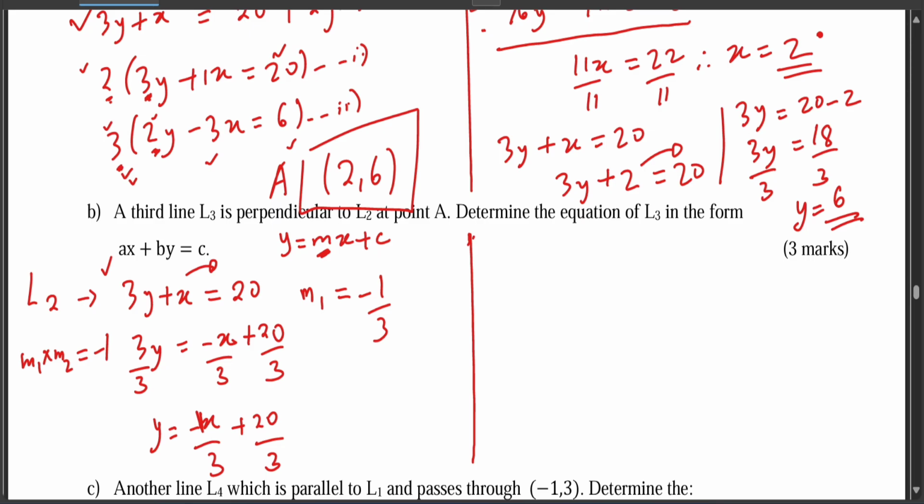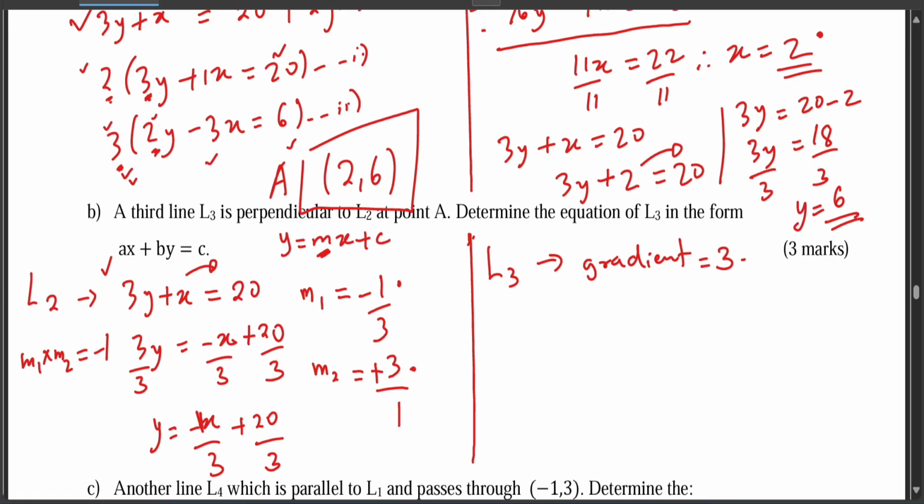So m1 ikiwa negative one third, ile m2 ya L3 itakuwa reciprocal ya negative one third, which is 3 over 1. Kama hii ni negative, hii itakuwa ni positive. Sawa. So gradient ya L3 is 3. Sawa, gradient yake ni 3.